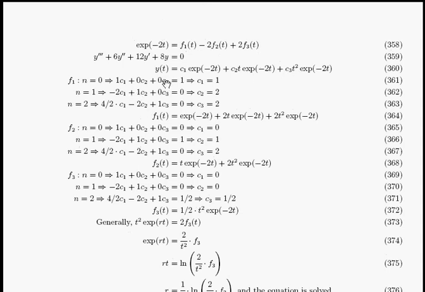And t2, 0, 0, 1, we have C1 equals 1. If C1 is 1, C2 is 2. And if this is 1 and this is 2, then C3 is 2. So F1 is 1, 2, 2 multiplied by the exponentials above.